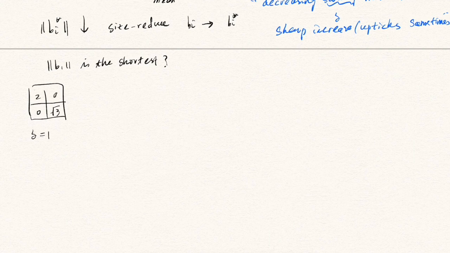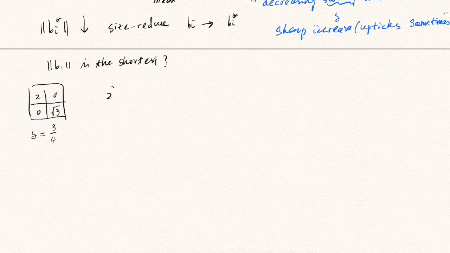In this case, the Lovász condition is satisfied because, wait, actually, sorry. Let's say I set this to be 3/4. Okay, and so we know the 2.